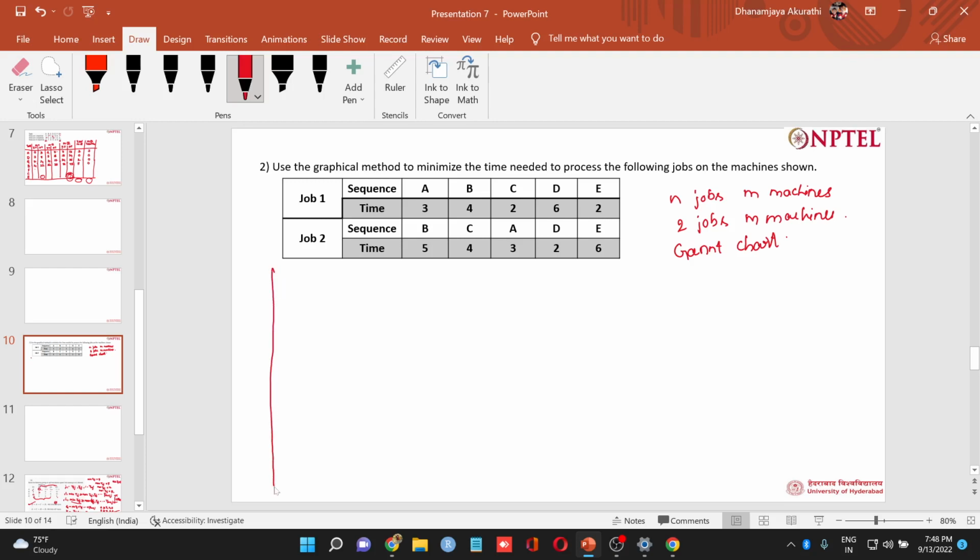Our main objective is to find out the total elapsed time, the minimum elapsed time, and idle times if any. So here it is 0. I am taking the distance of 2 units, 4, 6.